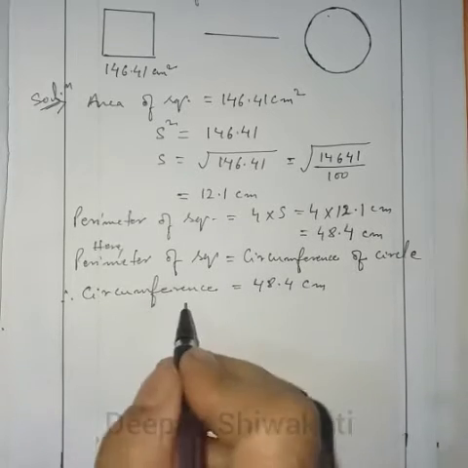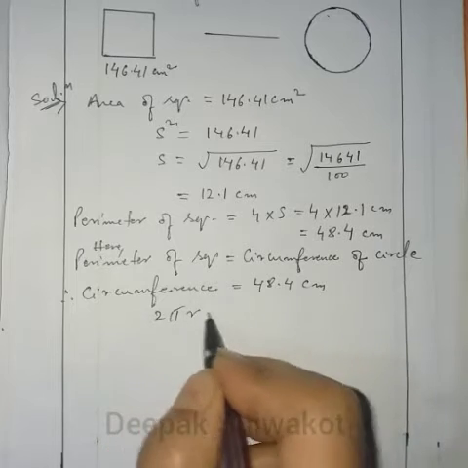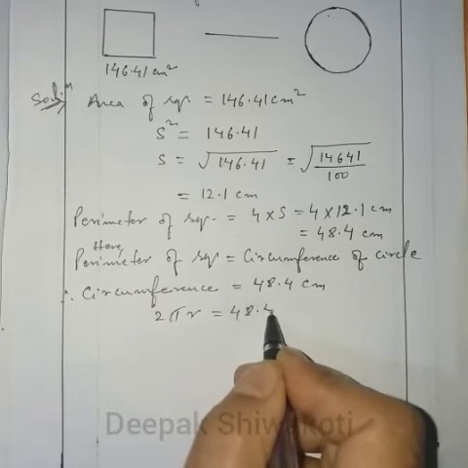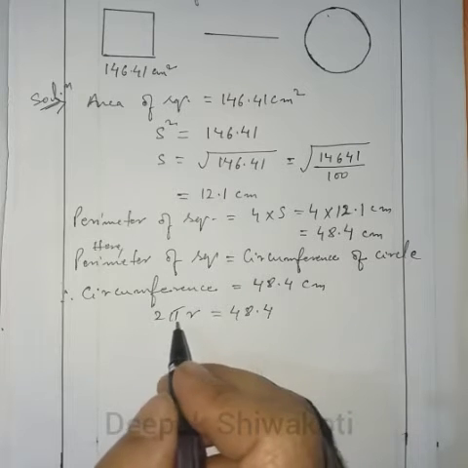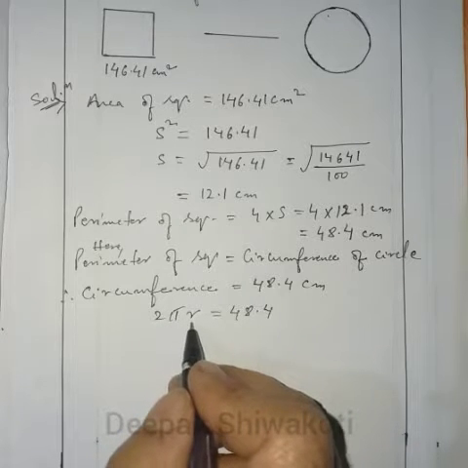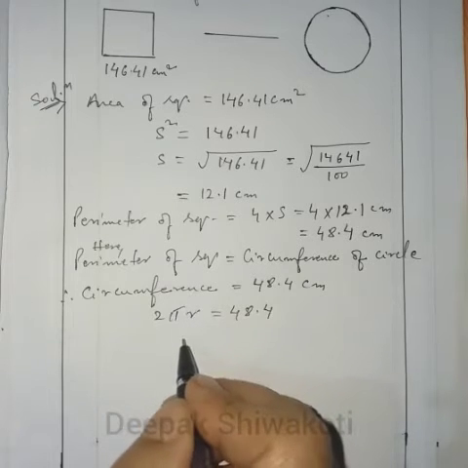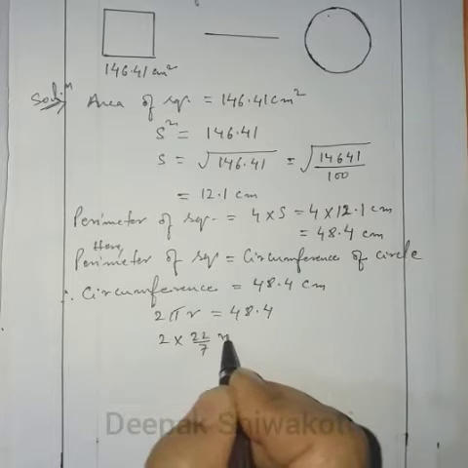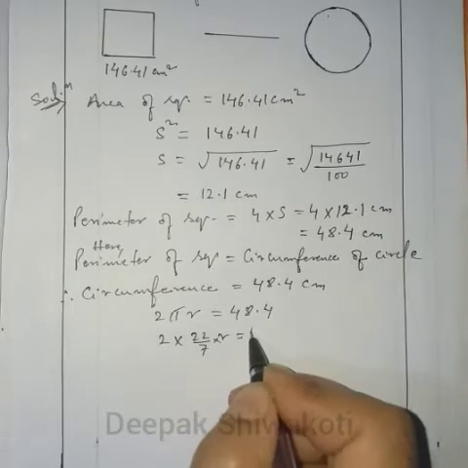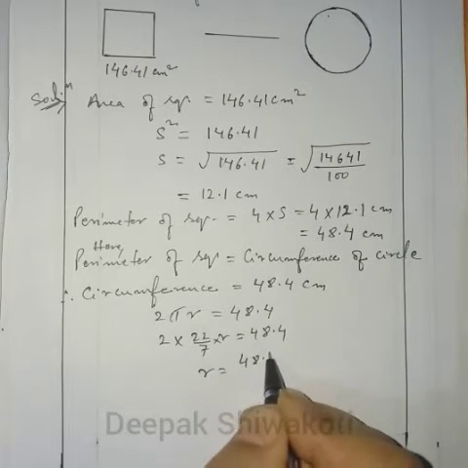And the formula of circumference is 2 pi r. Now we'll calculate r from here. 2 is known, pi is known, r is unknown, so r we have to find. So r will be equal to 48.4 into 7 upon 2 into 22, with 22 by 7 in the denominator.